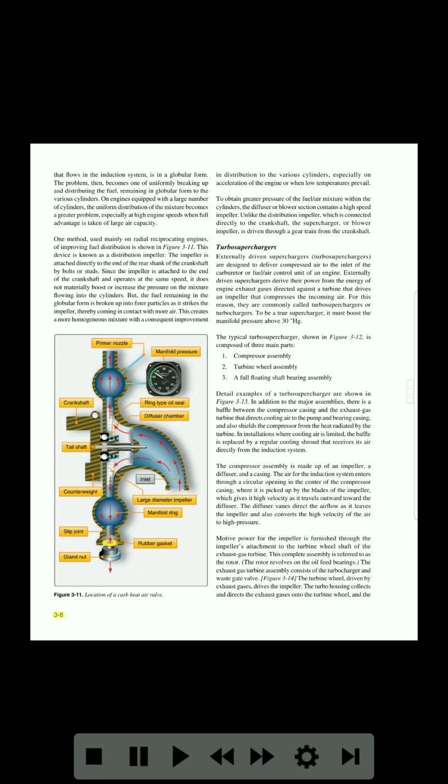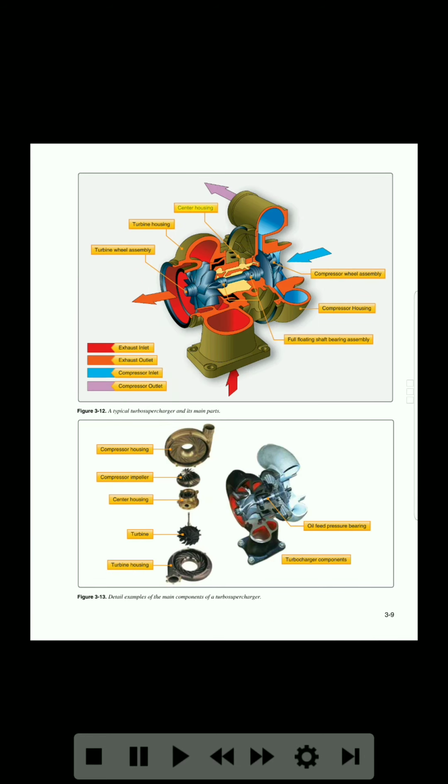And the 3-8. Center housing. Turbine housing. Turbine wheel assembly. Compressor wheel assembly. Compressor housing. Full floating shaft bearing assembly. Exhaust inlet, exhaust outlet, compressor inlet. Compressor outlet. Figure 3-12. A typical turbo supercharger and its main parts. Compressor housing. Compressor impeller, Center housing. Oil feed pressure bearing. Turbine.